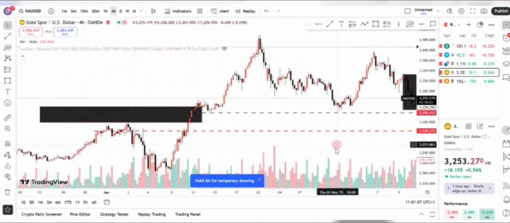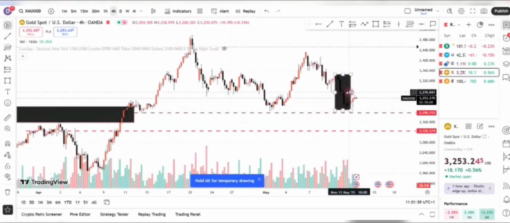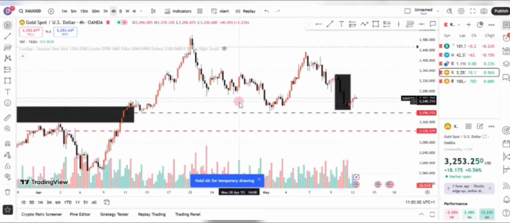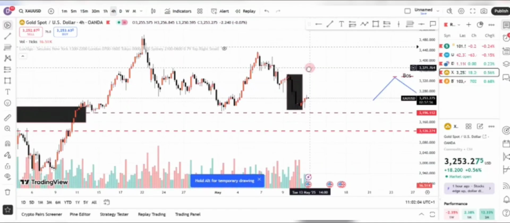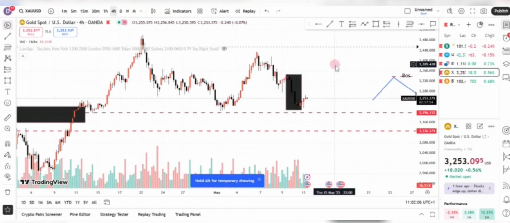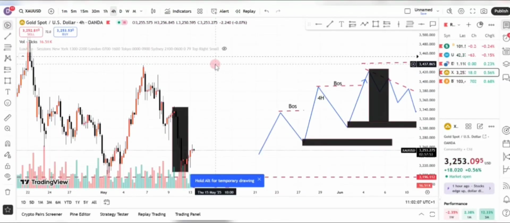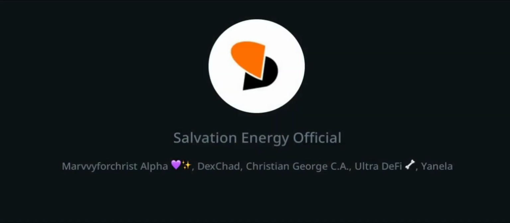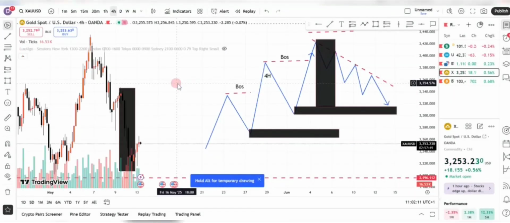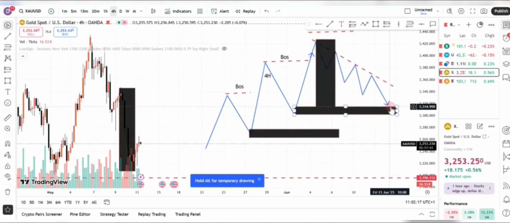You can see that this 4 hours movement here is similar to what we have here. Price came down, and then got back to somewhere around that level. Do you understand what I'm saying?